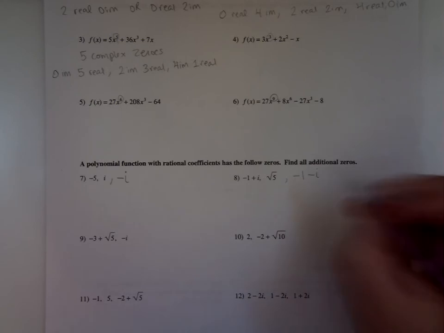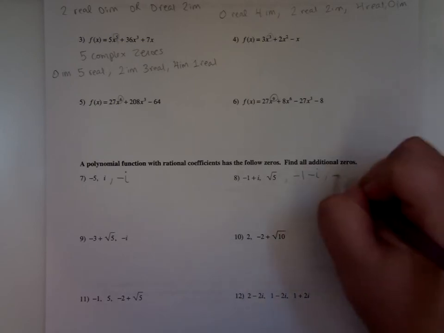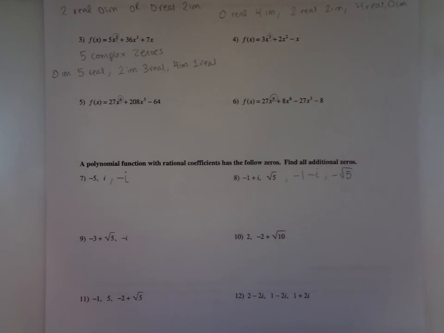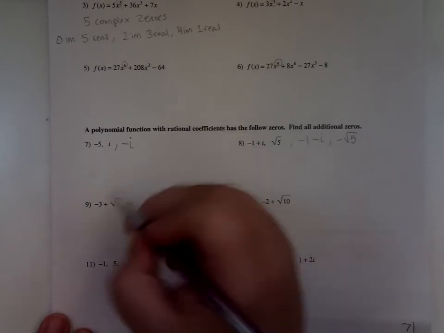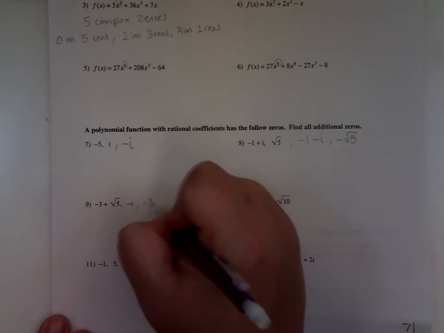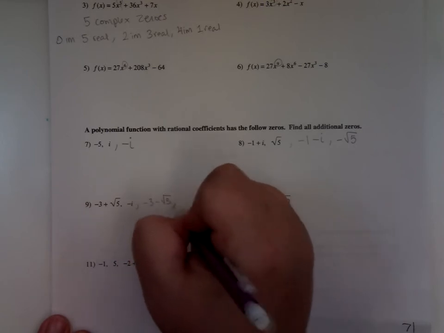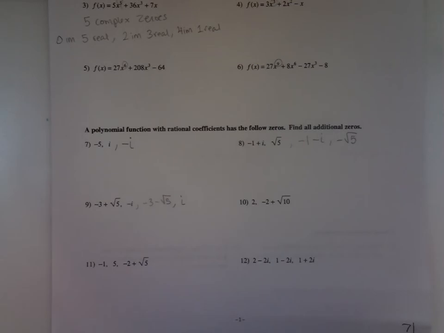And with root 5, if root 5 is a 0, then negative root 5 is also a 0. And number 9, if negative 3 plus root 5 is a 0, then negative 3 minus root 5 must be a 0. And if negative i is a 0, then positive i is also a 0.